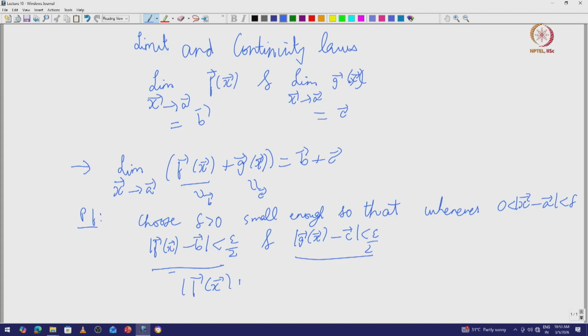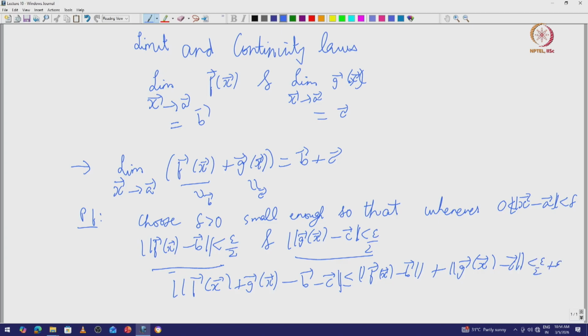For all such x, let me put a norm here. This is less than, by the triangle inequality, epsilon by 2 plus epsilon by 2, which is epsilon. Yeah. So this is how you prove the first law.